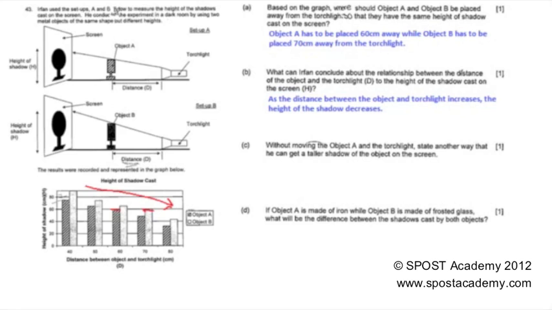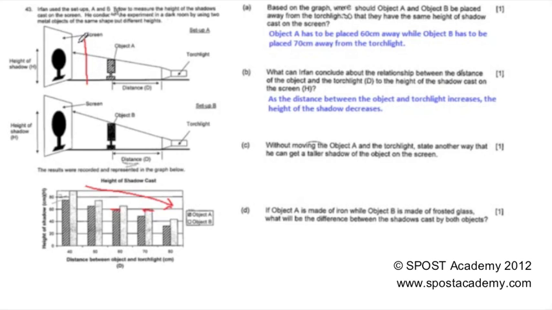Question C asks, without moving the object A and the torchlight, state another way that he can get a taller shadow of the object on the screen. So if you want a taller shadow of the object, based on object A, you can actually see, if I put a screen here, can you see the shadow is of this height?